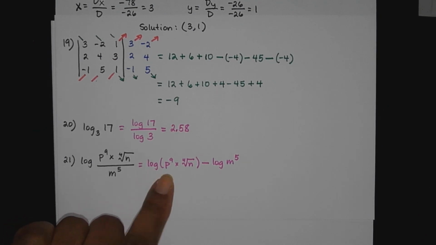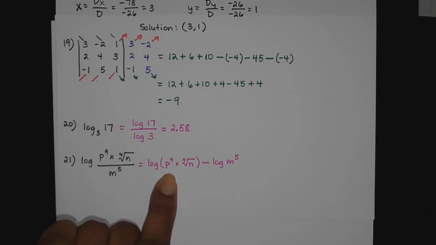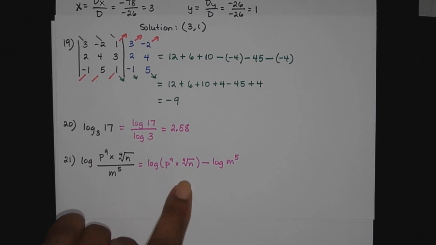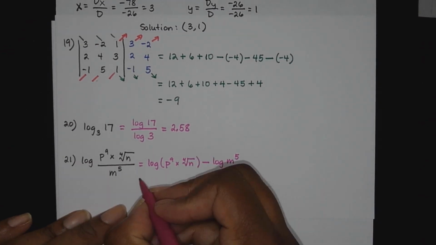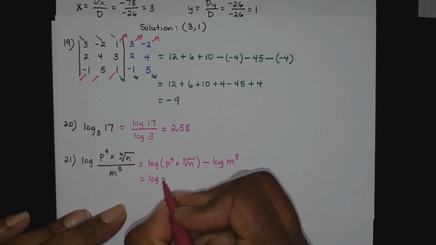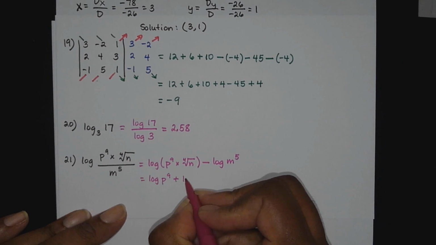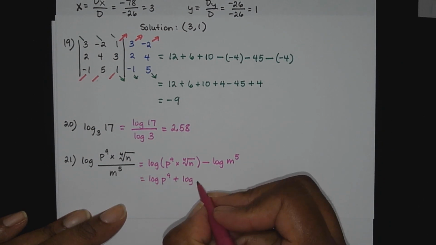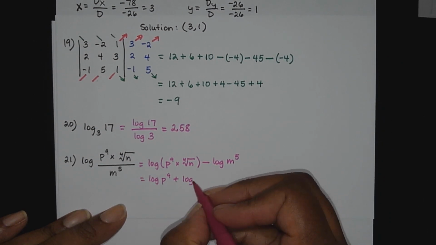But here I've got log of p to the 9th times the 4th root of n. What rule can I use here? Product rule. That can be expanded as a sum of their individual logarithms. So this will be the log of p to the 9th plus the log of the 4th root of n.